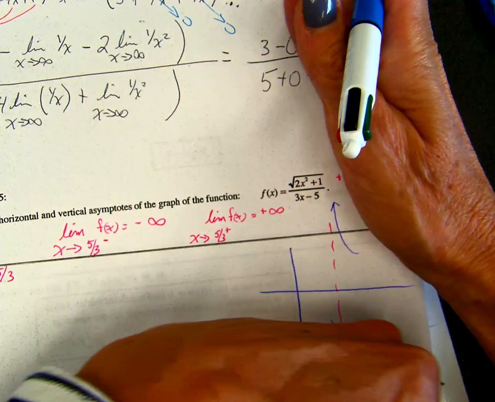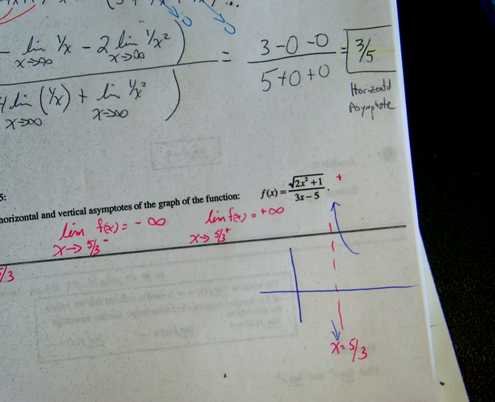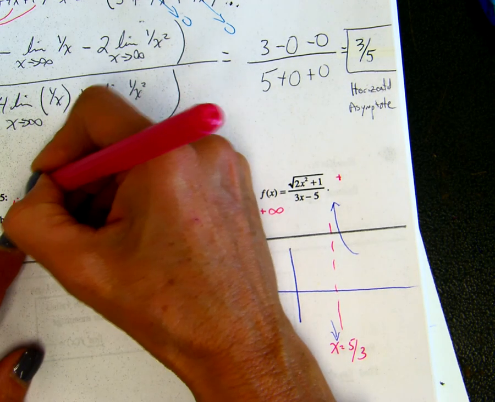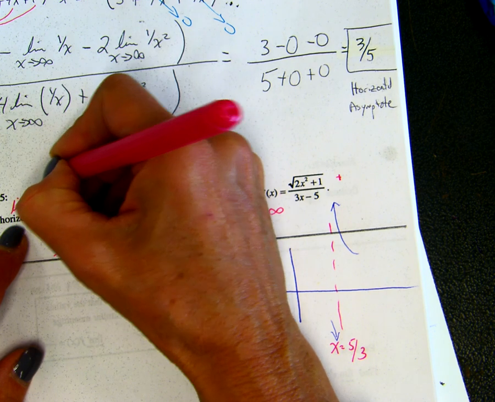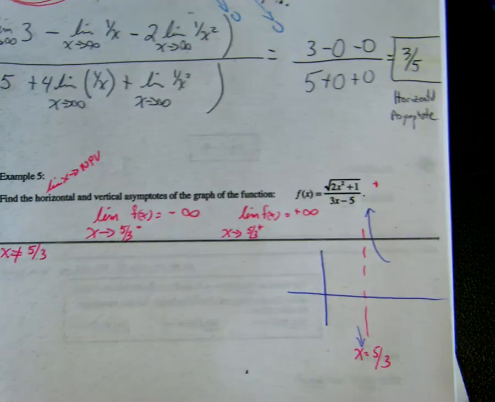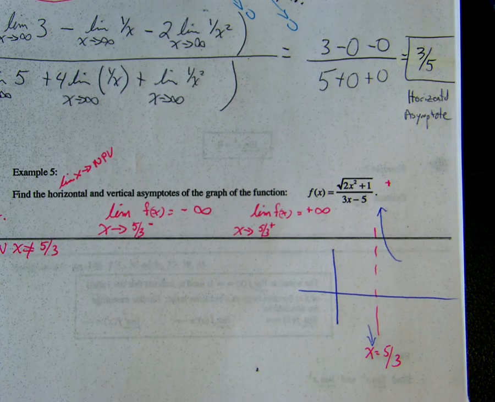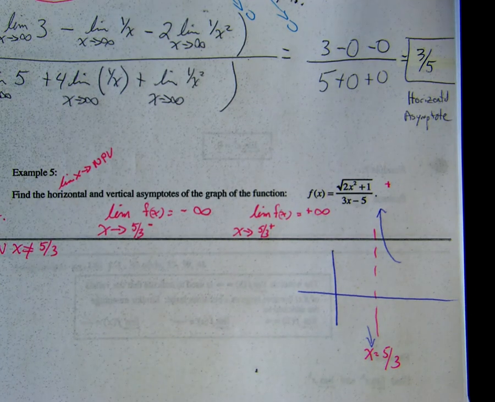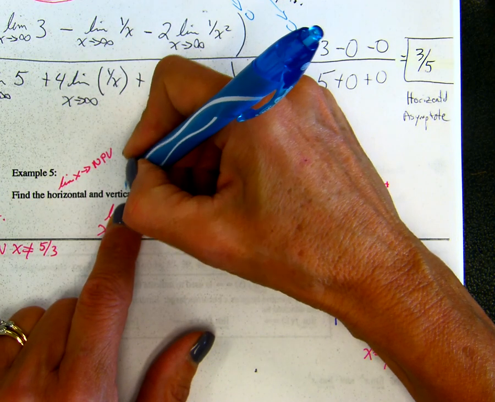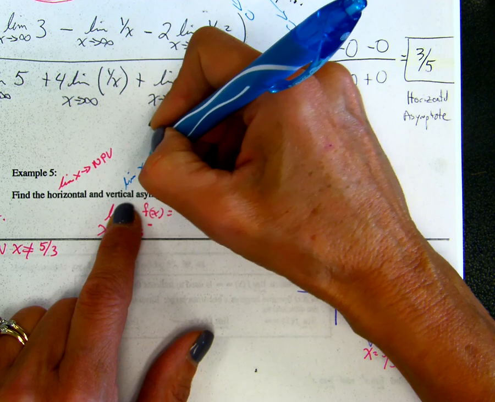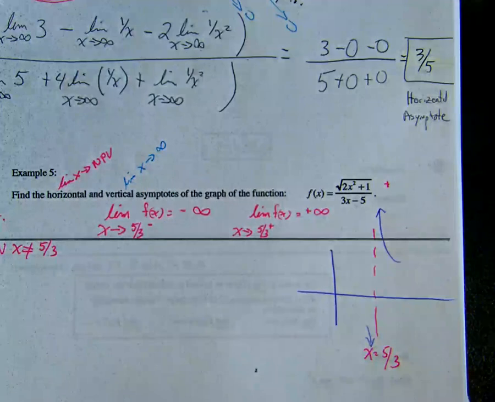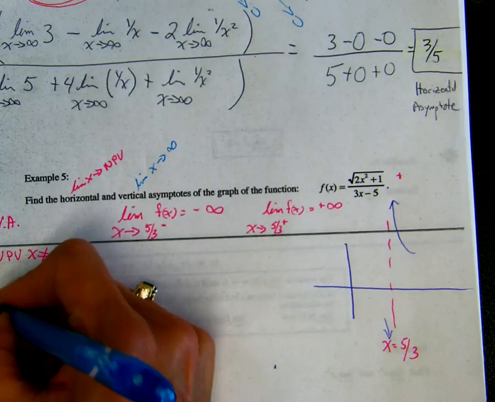I don't know what happens after this, but I know this and this. Okay, so that is the limit as x approaches its non-permissible value that makes the denominator 0. Your vertical asymptote limits are as x approaches, positive or negative infinity.